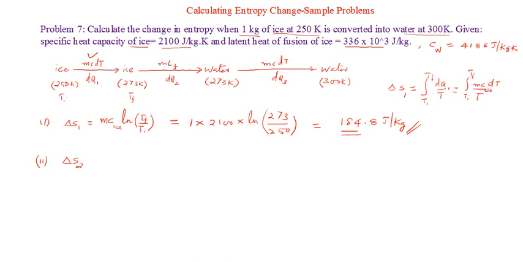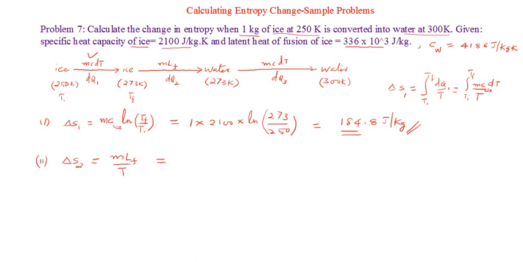In the second case, delta S2 involves a change of phase. So what will be the equation? Always remember dS is equal to dq by T, so it will be equal to m Lf by T.